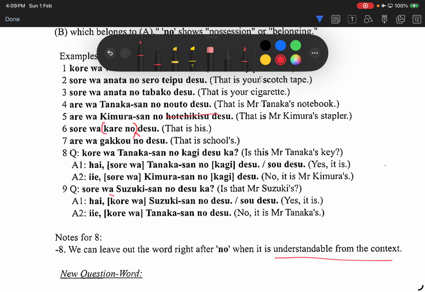If you want to reject, just say いいえ。But we don't say そうではありません。There's no such thing as そうではありません。Okay, number 9. それは鈴木さんのですか? はい、鈴木さんのです。Or そうです。いいえ、田中さんのです。Right, so we can skip the item if we all know what the item is. We can skip the name of the item.